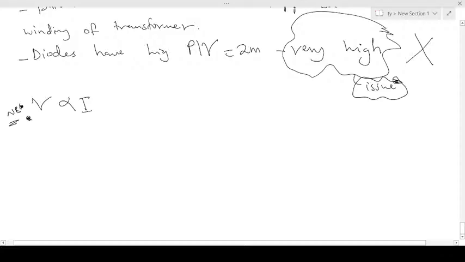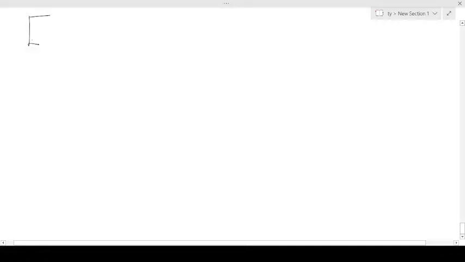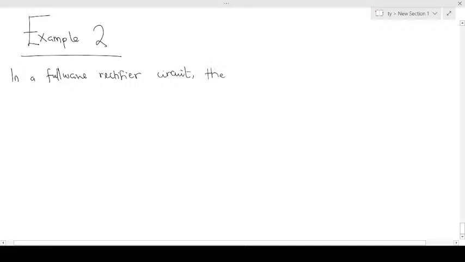Let's solve an example. Example 2. In a full wave rectifier circuit, the transformer has turns ratio of 1:2.